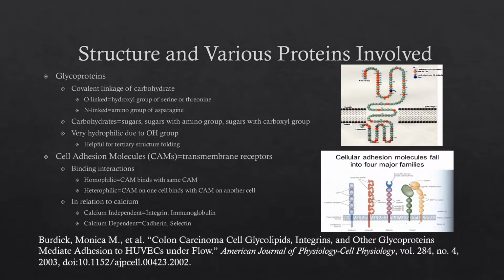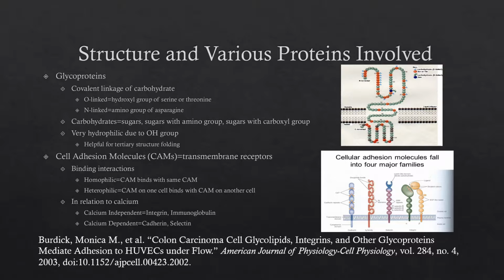Carbohydrates can be sugars with the amino group, or sugars with a carboxyl group. They are very hydrophilic due to the OH group being there, and that is very helpful for tertiary structure folding.